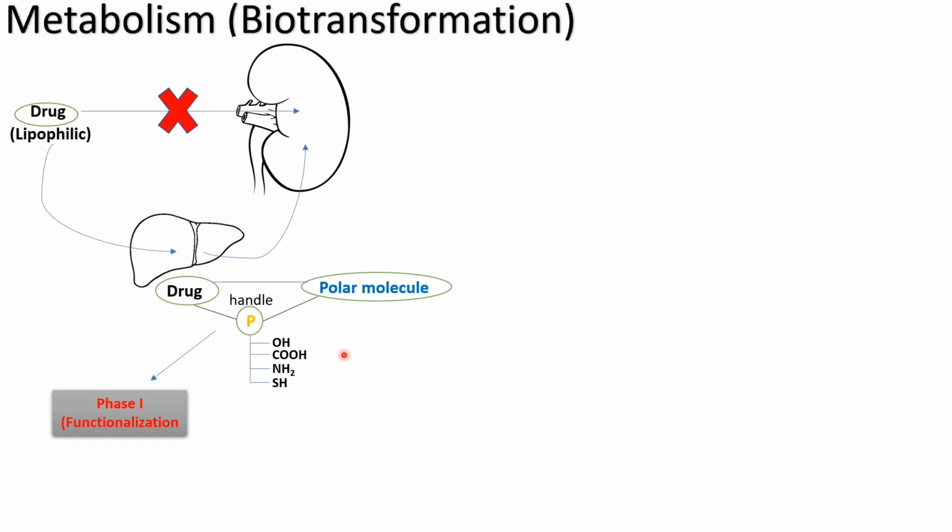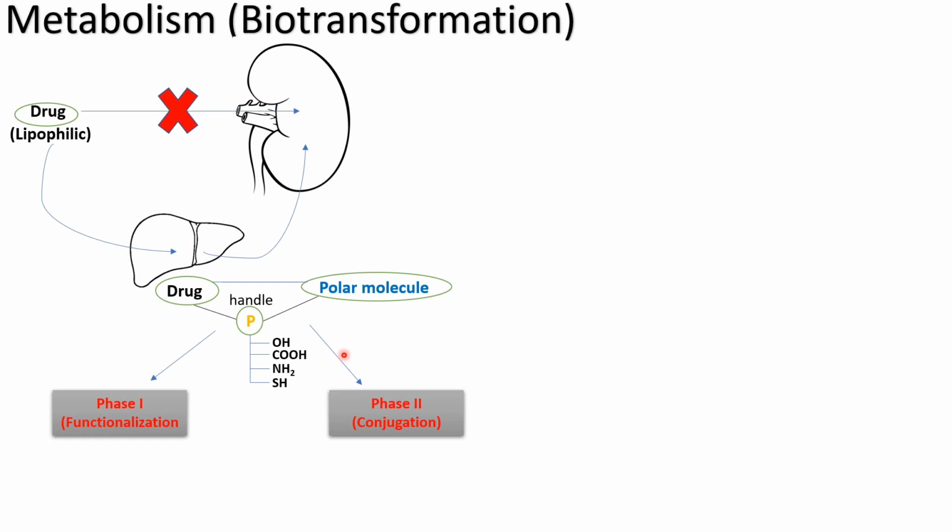So this was our phase one. Phase number two is called conjugation, in which we link or conjugate the polar group of phase one to the water-soluble molecule. Alright?